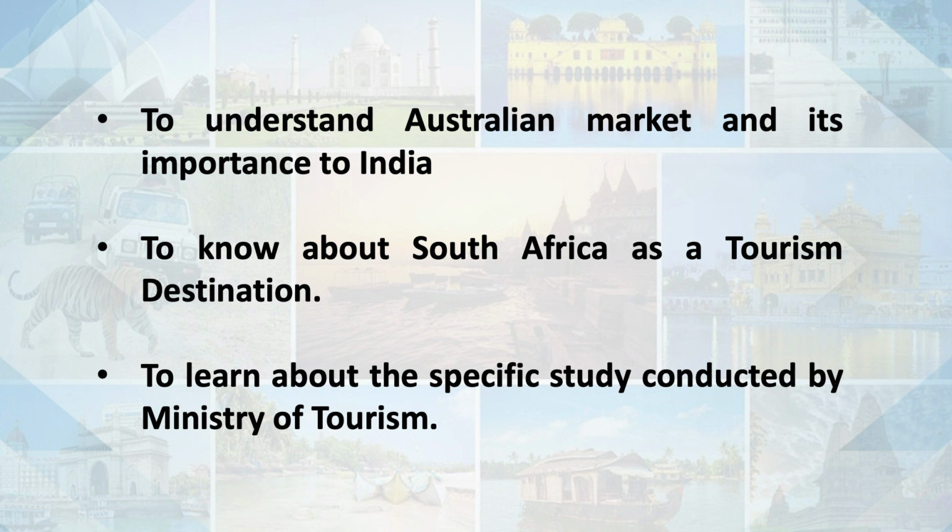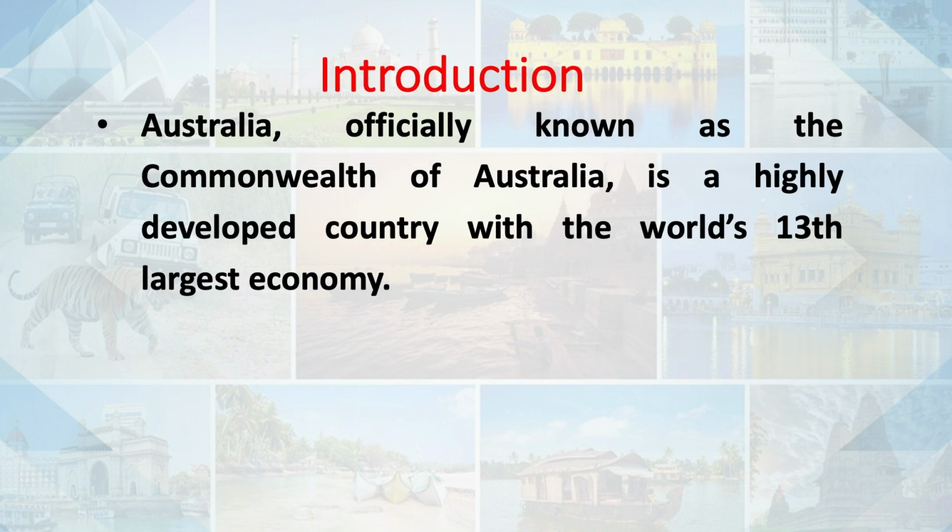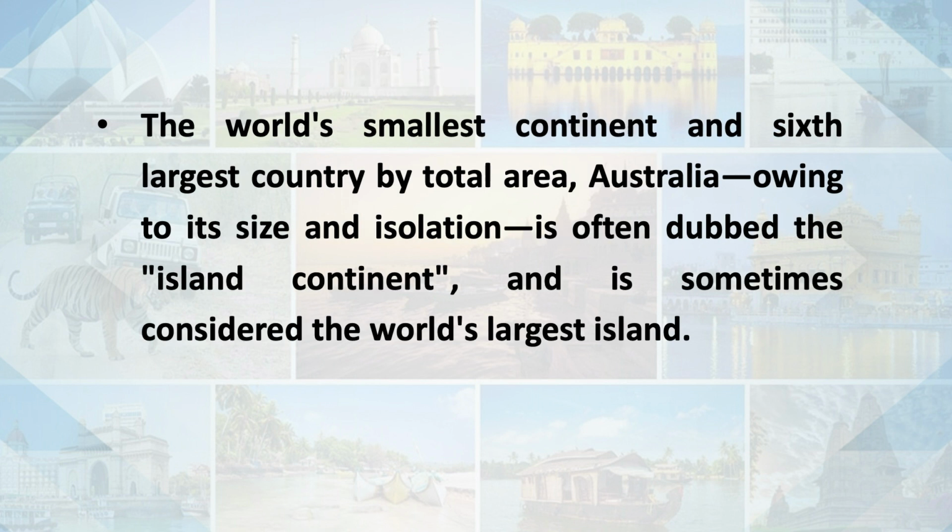When we talk about the introduction, Australia, officially known as the Commonwealth of Australia, is a highly developed country with the world's 13th largest economy, the world's smallest continent, and the 6th largest country by total area.